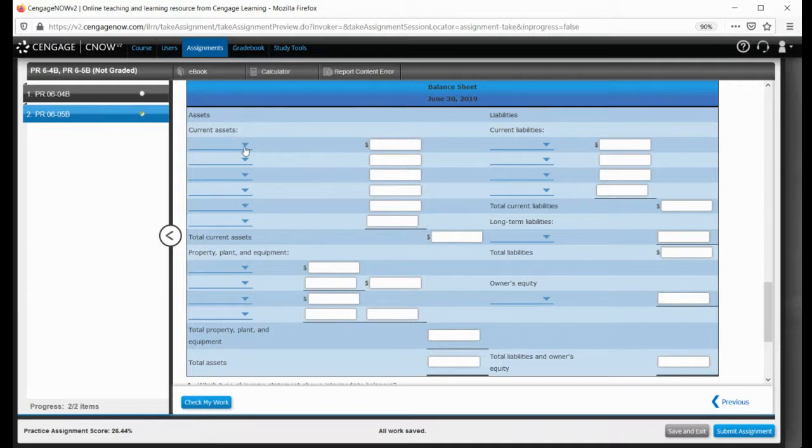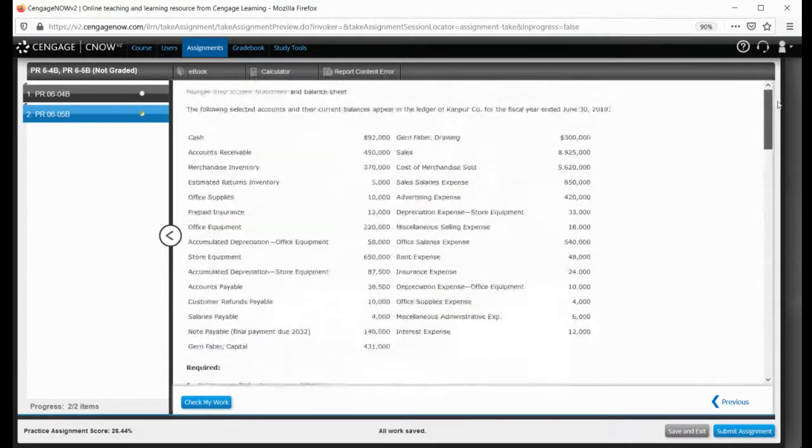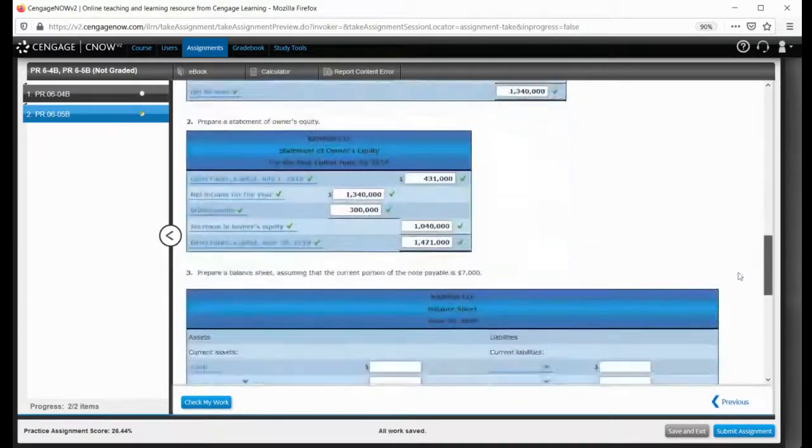So we're just going to list our assets here. We always start with cash. It's the number one account on the assets. It's number one because it's already liquid, and the amount of the cash is $92,000.